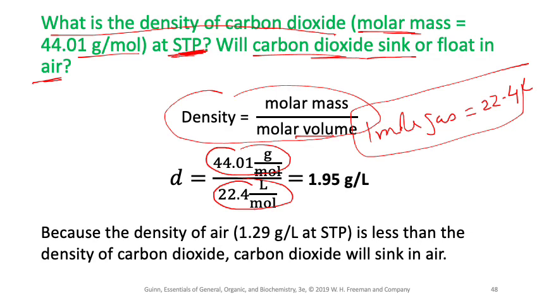That's why we use it, and if we divide, you'll get 1.95 grams per liter. So the density of carbon dioxide is 1.95 grams per liter, and the density of air we already know, 1.29 grams per liter at STP. So if we compare the density of carbon dioxide and air, carbon dioxide is heavier compared to the air. So that means carbon dioxide will sink in the air because it has higher density.